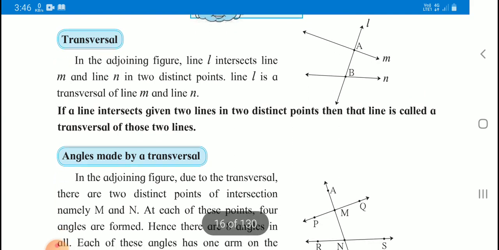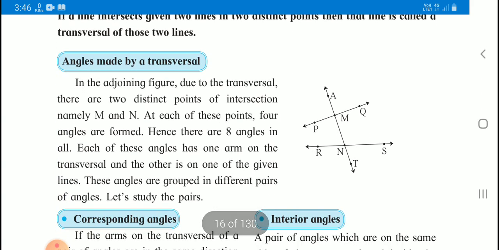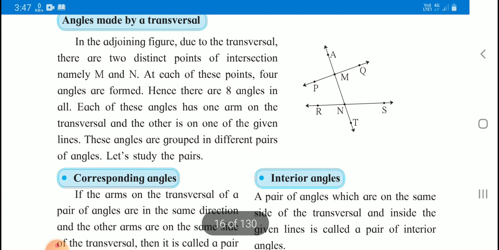Now we'll see the angles made by a transversal. You can see the figure here. In the adjoining figure, due to the transversal, there are two distinct points of intersection, namely M and N. At each of these points, four angles are formed.